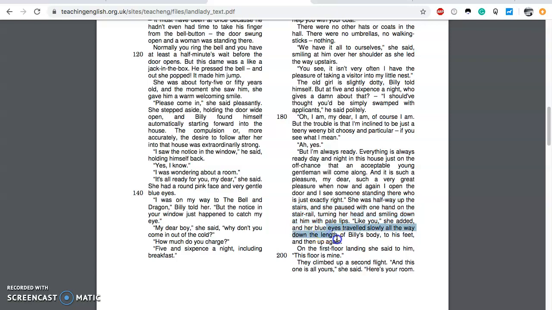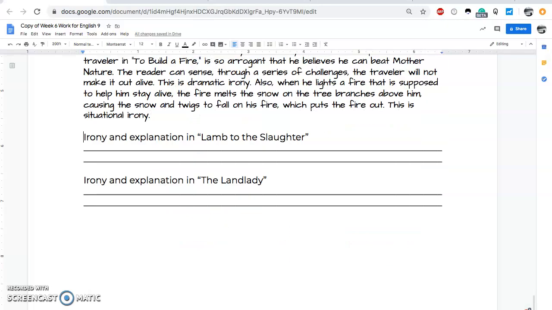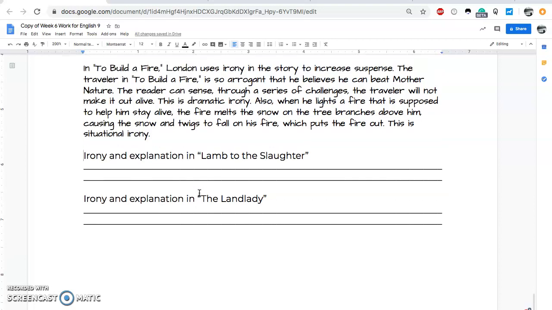And her eyes traveled slowly all the way down the length of Billy's body to his feet and then up again. So the reader realizes, oh, yikes. Watch out, Billy. And so like I said, Lamb to the Slaughter and The Landlady may be similar types of irony, and you don't have to quote anything, but just try to explain where the irony is.